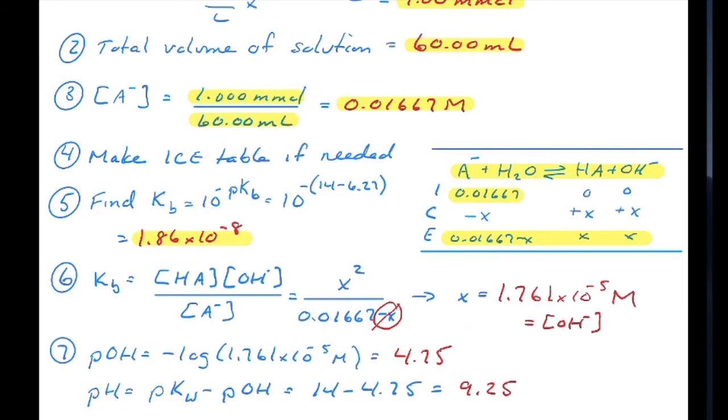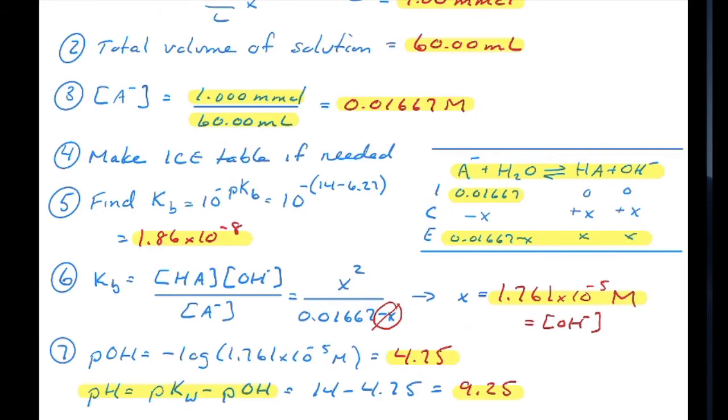So if we solve for x, we end up with 1.7 times 10 to the minus 5 molar, which is the concentration of OH minus. And then now we have to turn OH minus into H plus, so we can figure out the pH, or we can find pOH, as I've done here, as 4.75, so negative log of the concentration of OH minus, and then turning pOH into a pH through this equation here, and we end up with a pH of 9.25.